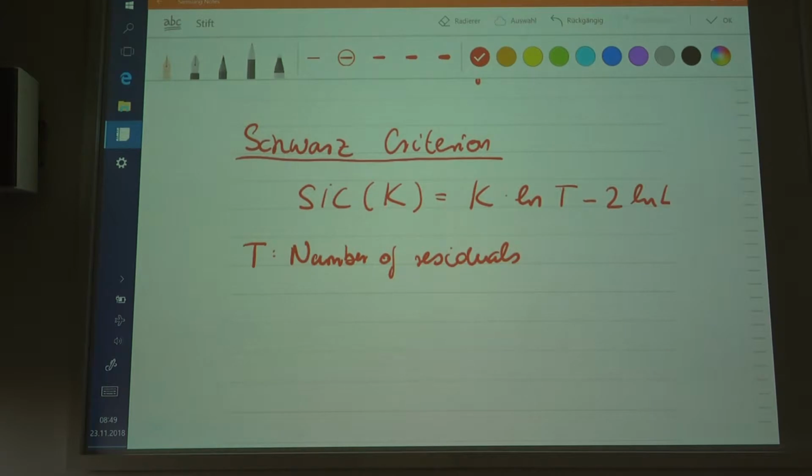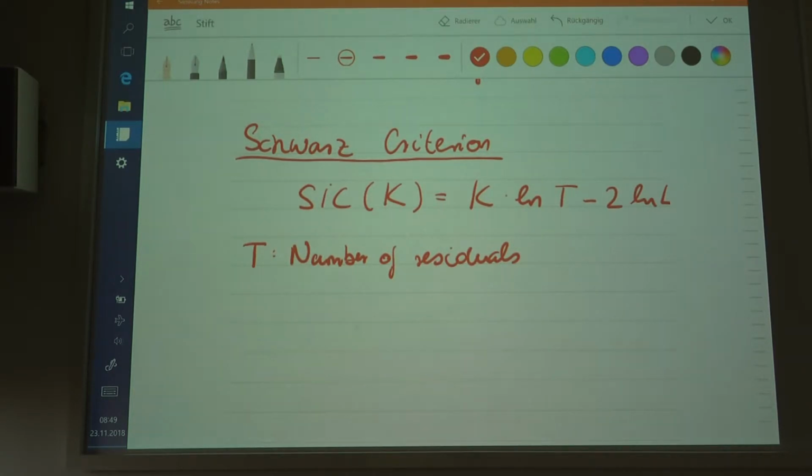So as the number of explanatory variables increases, the number of residuals decreases dramatically. And for the second order, if the time series has 6 observations and you estimate a second order autoregressive process, then you would have just 4 residuals.